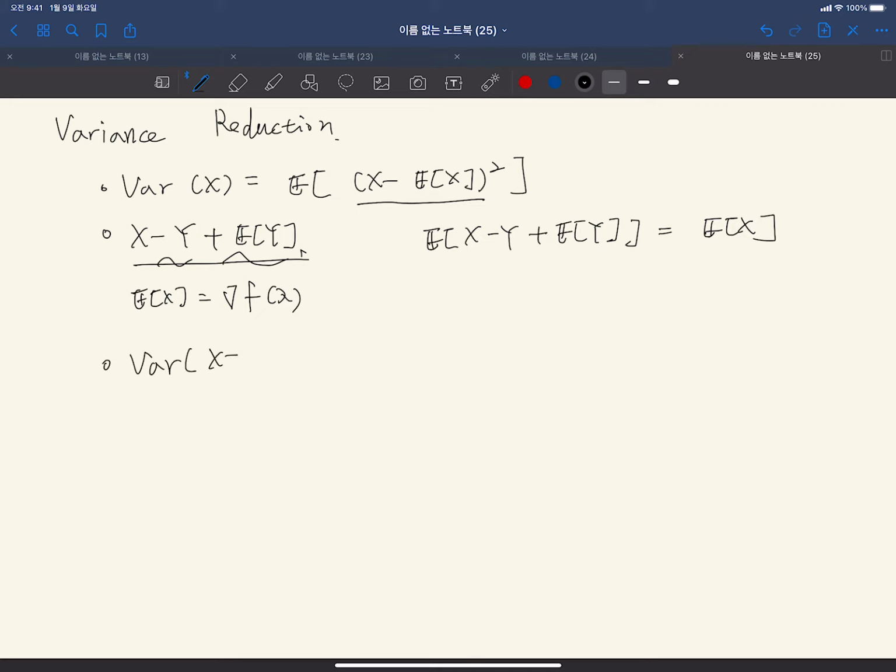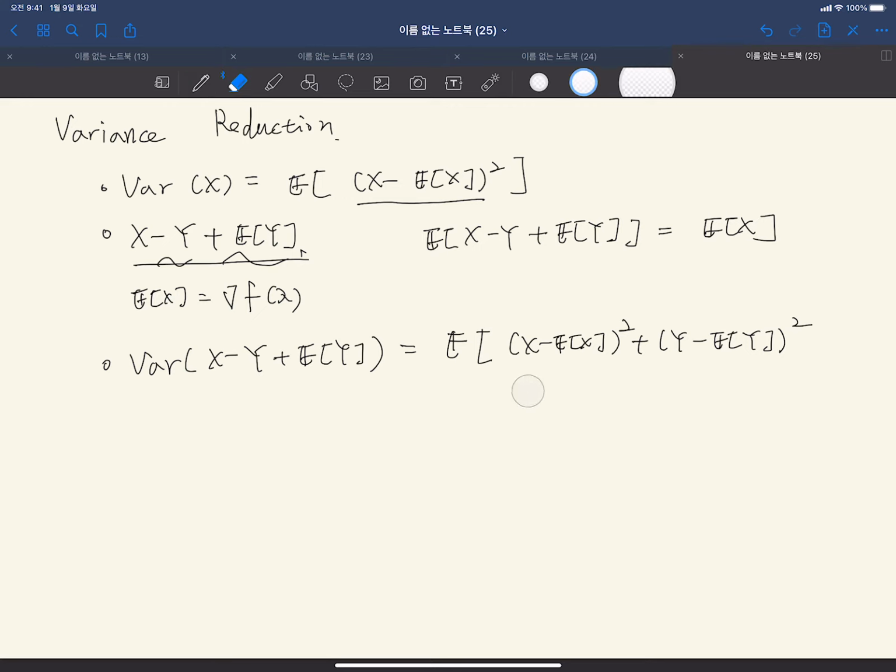The variance of X minus Y plus expectation of Y is basically equal to the expectation of (X minus expectation of X) squared plus (Y minus expectation of Y) squared, no sorry, not plus, minus 2 times the product of (X minus expectation of X) and (Y minus expectation of Y).